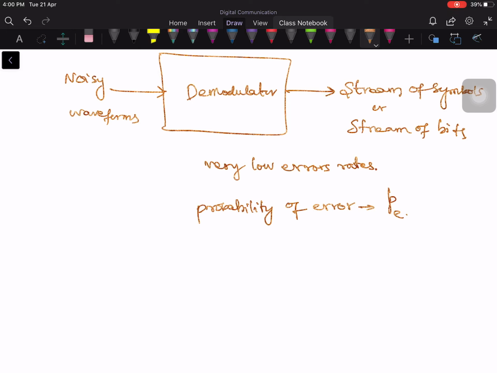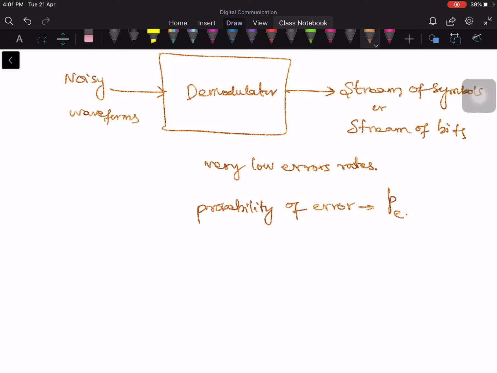Okay, so this is just an introduction to the demodulator of digital modulation schemes, and from this point onwards, in the next lecture we will continue: what the optimum demodulator could be for a given modulation scheme, what different types of demodulators are available, and how to study the optimum demodulator.